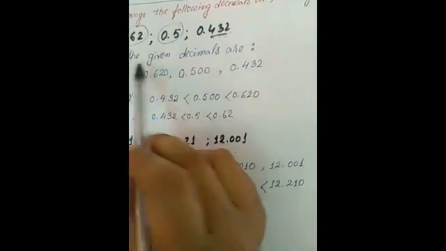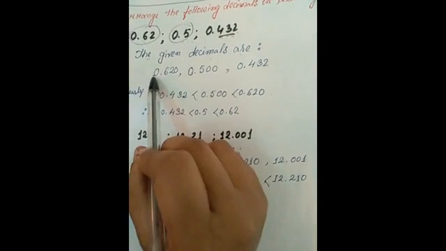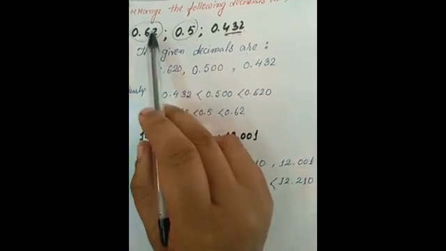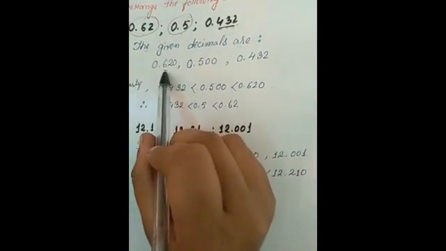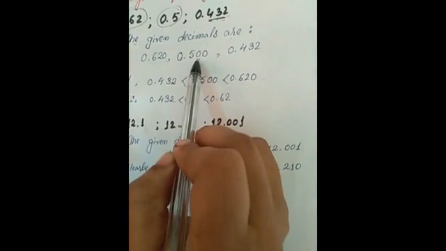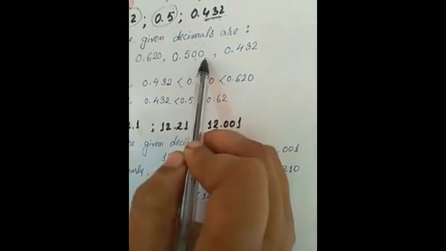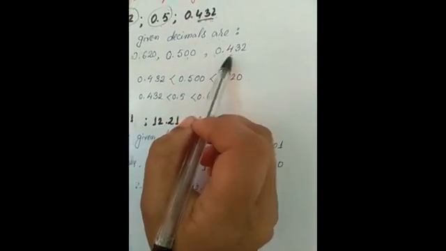At first we will convert it. The given decimals are 0.620, where we only have to add 0 from the right side, and the next one, 0.5, we can write as 0.500, as it has 3 digits. Now the next one is 0.432.